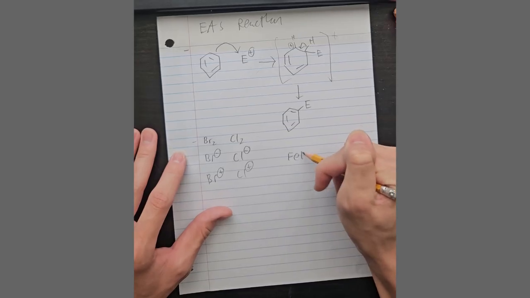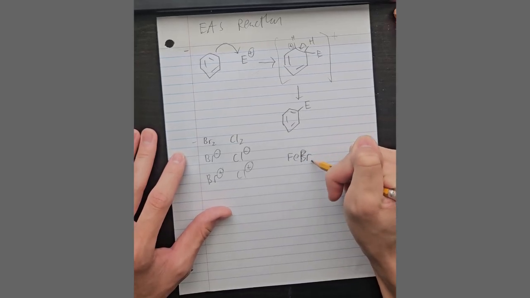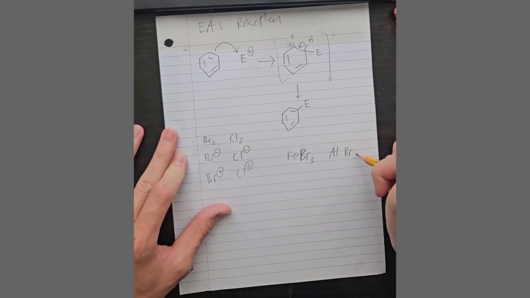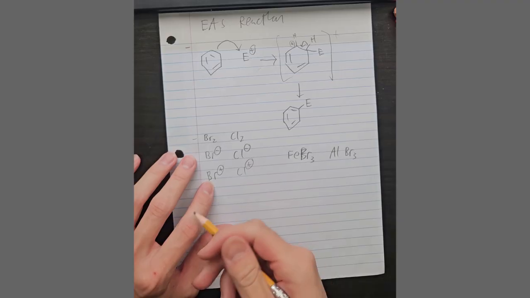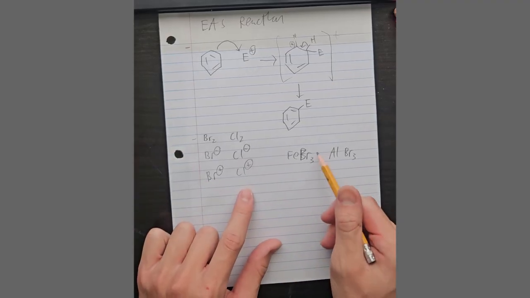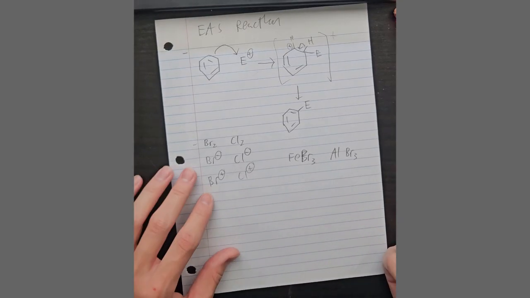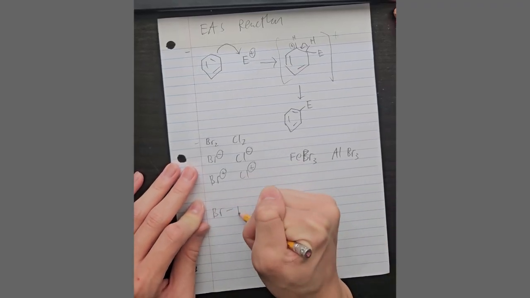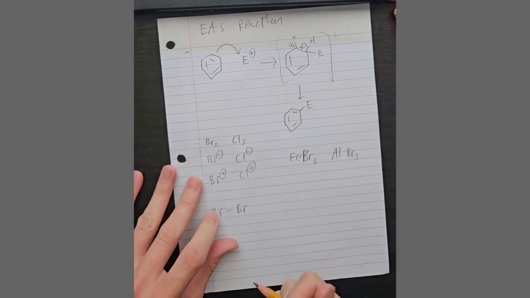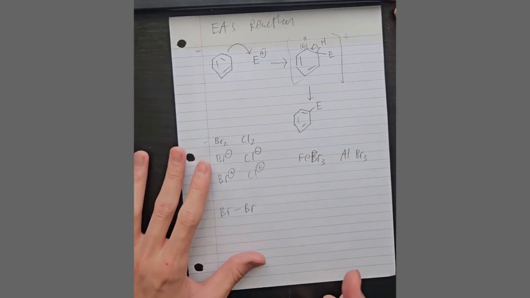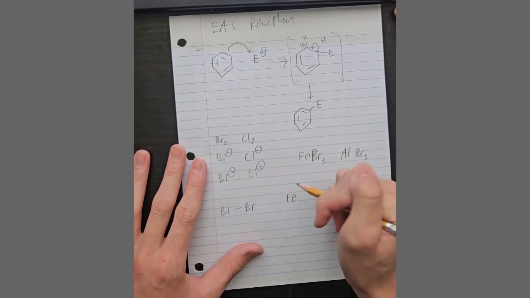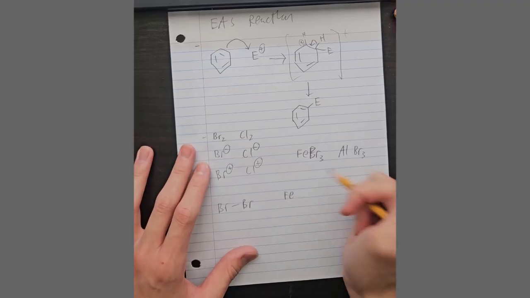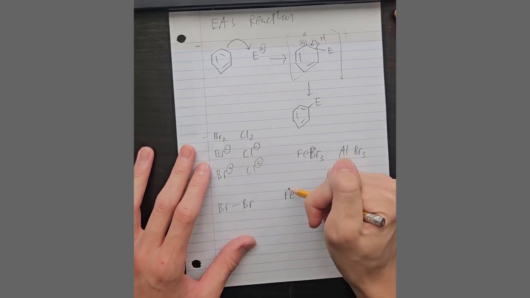Usually that's going to be iron bromide or aluminum bromide, in the case of bromide. For chloride, that would just be chlorine there instead of bromine. So how this works is we have the elemental form, the bromine, the two bromines bonded to each other, and the Lewis acid catalyst.